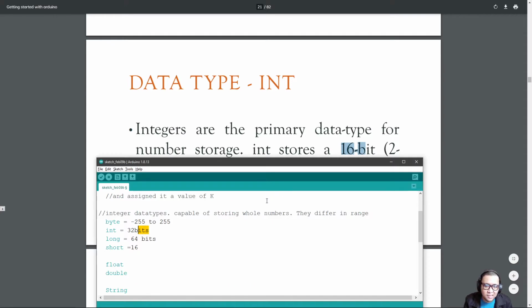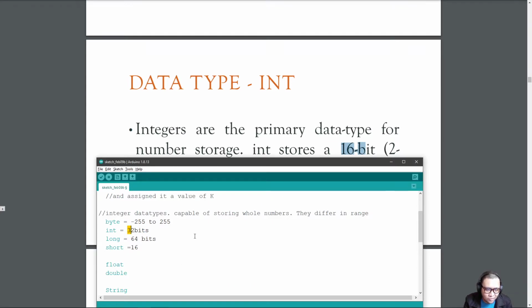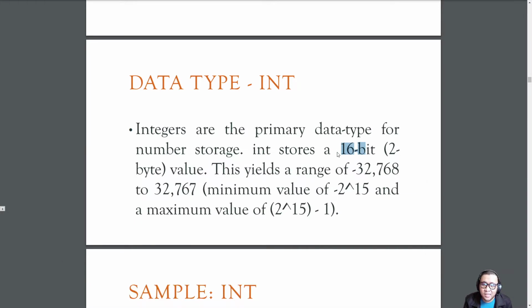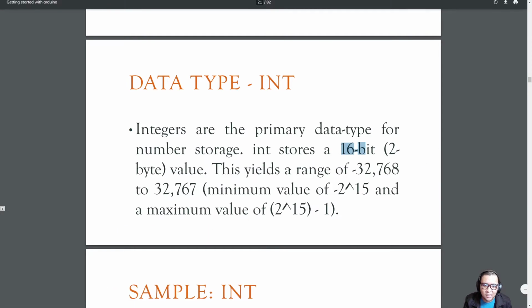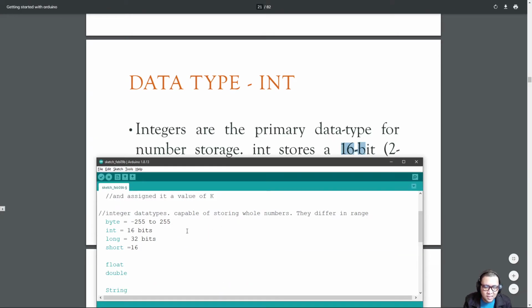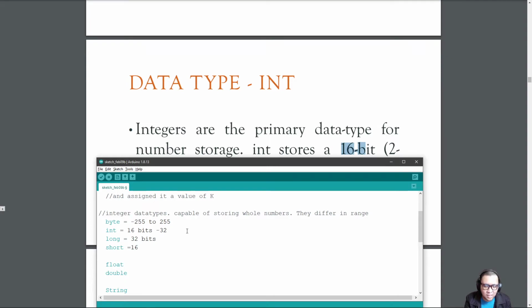Because this is a 16-bit number, I overshot the number here. 16, then 32. So because the range is 16-bit, meaning it has a range of negative 32,768 to 32,767.